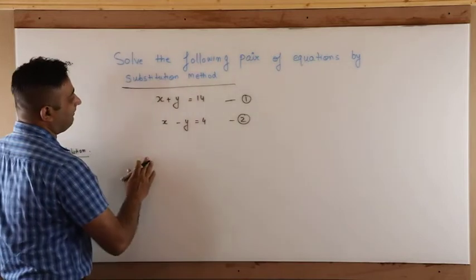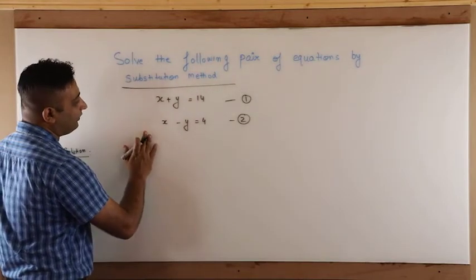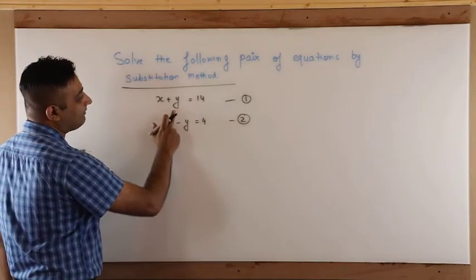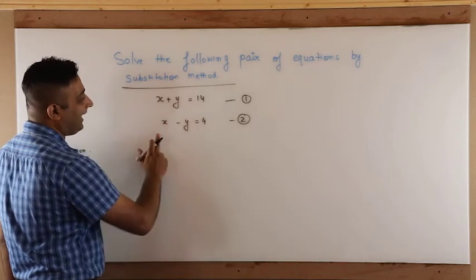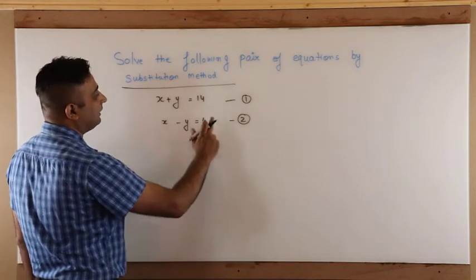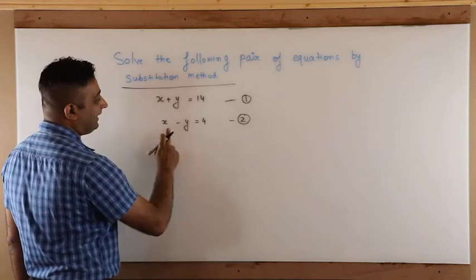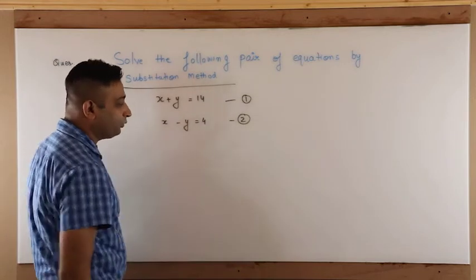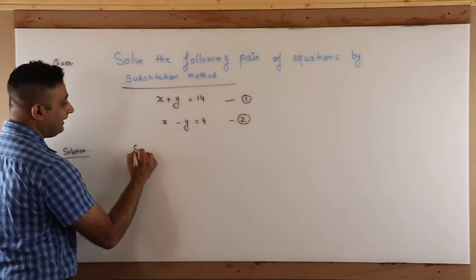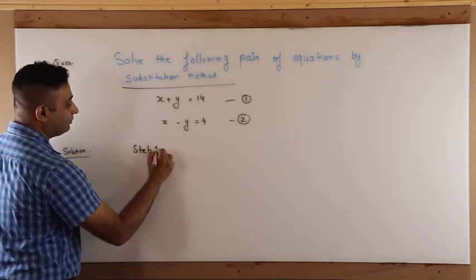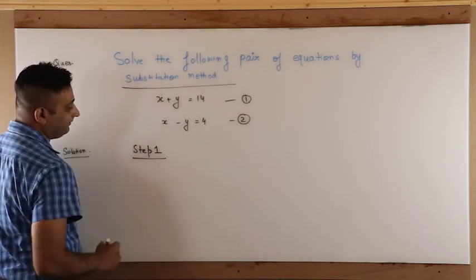We have taken an example in which there are two equations: x plus y equal to 14, which is equation number 1, and x minus y equal to 4, which is equation number 2. Now, let us take some steps to solve this question. Step number 1.